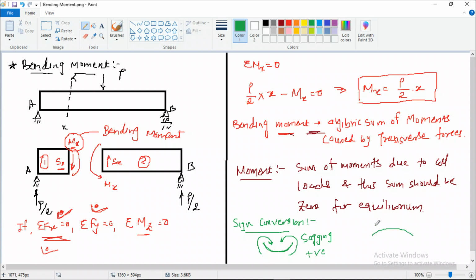If it is bending like this, it is called hogging bending moment, and we take this type of moment as negative, right? So this is regarding the bending moment terminology and the basic fundamentals of the bending moment.